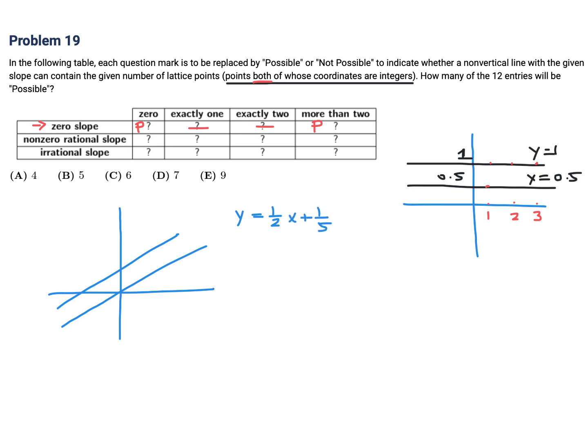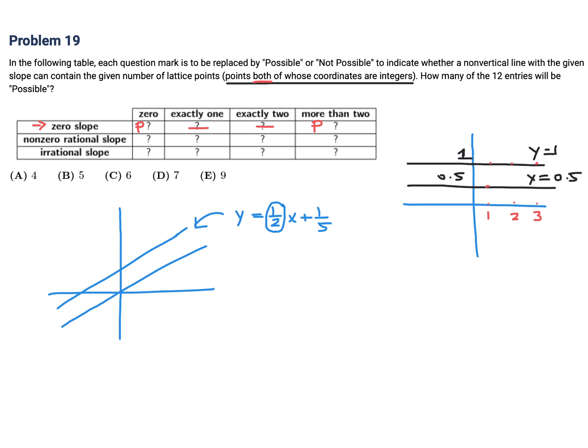This is a rational slope, and this is representing the slope. Okay, so if we have that, I think it's this line here, not necessarily drawn to scale, but that's okay. Okay, so let's discuss this one.